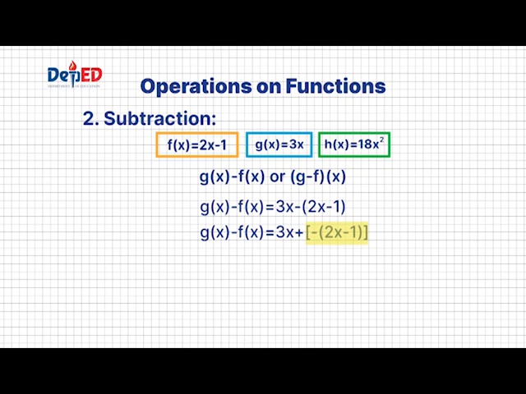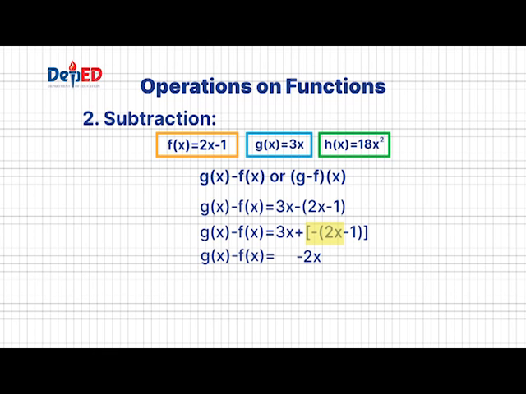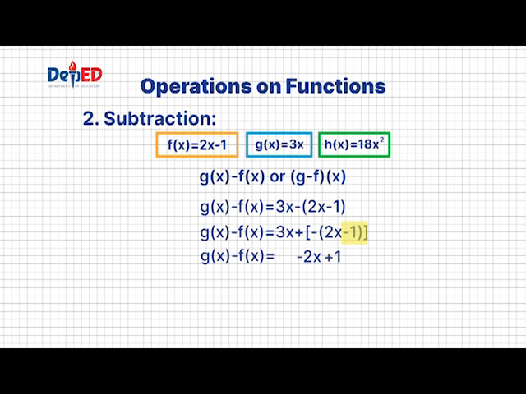Since 2x minus 1 is inside the parentheses, we have to take the negative of each term inside these parentheses. Taking the negative of 2x is negative 2x, while the negative of negative 1 is positive 1. Now we have g of x minus f of x equals 3x minus 2x plus 1.